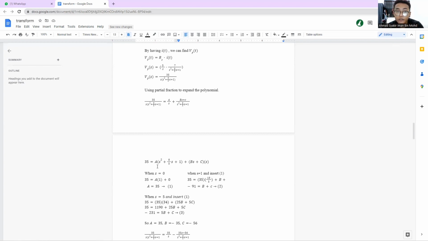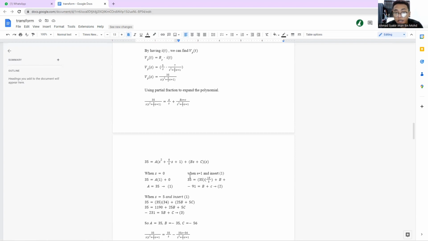multiplied by s. So we need to use the substitution method. When s equal to 0, we got A value is 35. We make this value the first equation.